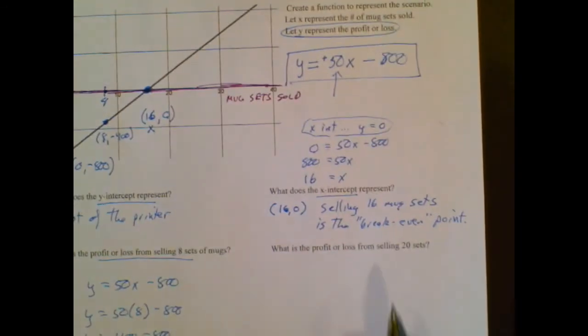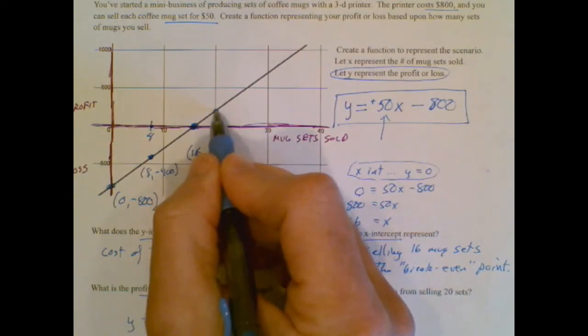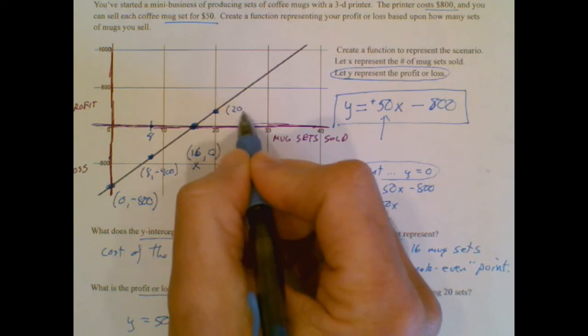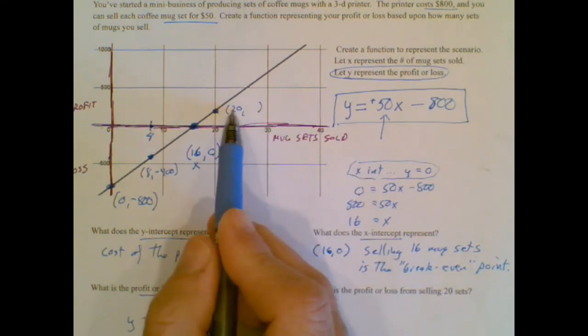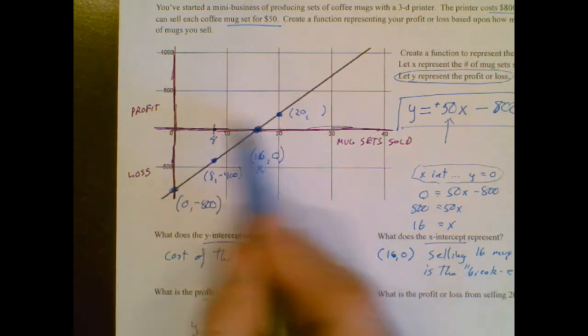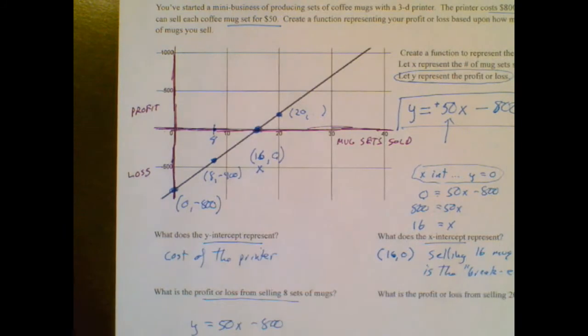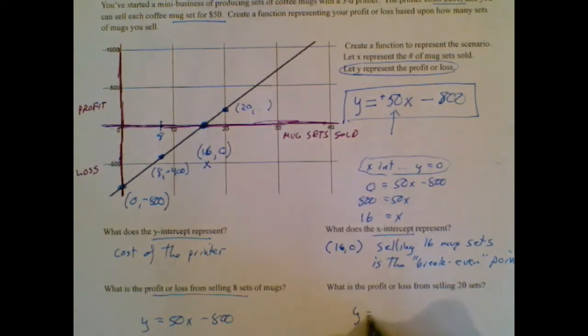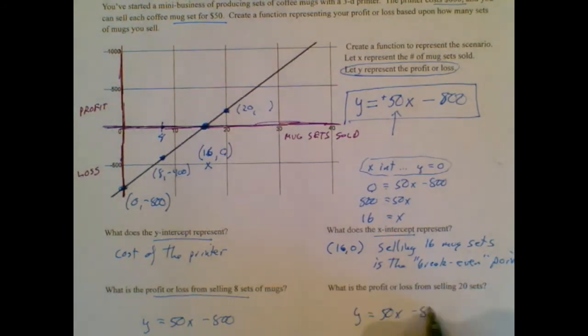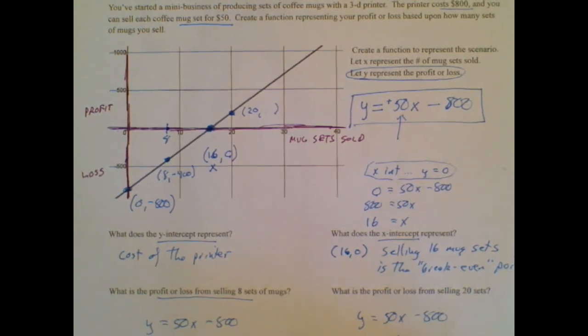This final question says 20 sets. Okay, well 20 sets of mugs tells me I'm in positive territory. I'm going to make a profit. I just don't know how much that profit is, but if I find my y value, I'll know. So I go y equals 50x minus 800, and my x is 20.